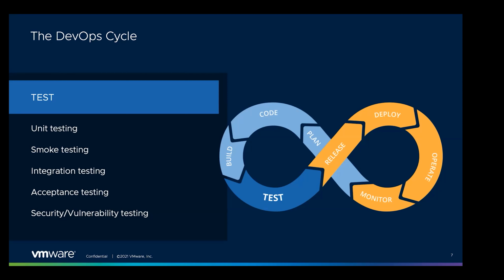Then you might have smoke testing, which will test the basic functionality of what you're building. Integration testing would be testing how that integrates with other components. So if you're deploying an application as part of a virtual machine, you might be testing that, does this actually integrate with my Active Directory authentication correctly?